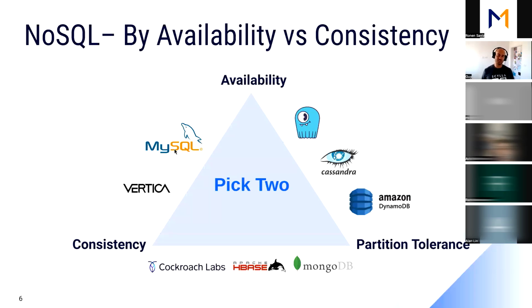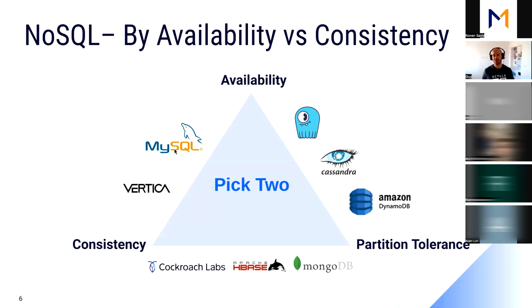And finally, consistency means, well, there are different ways to define consistency, but one definition that's simple and that I like to use is that for every read query, we're always going to get the latest write. Okay, so that's one way to define consistency.